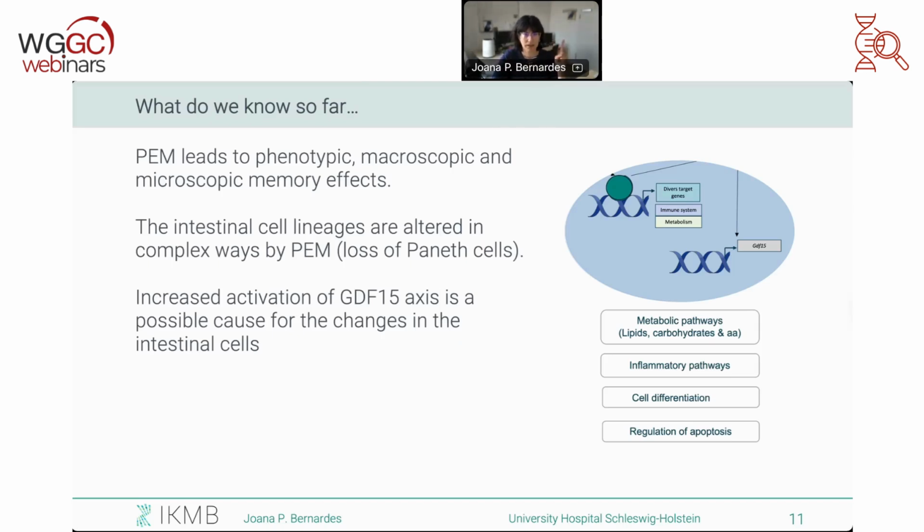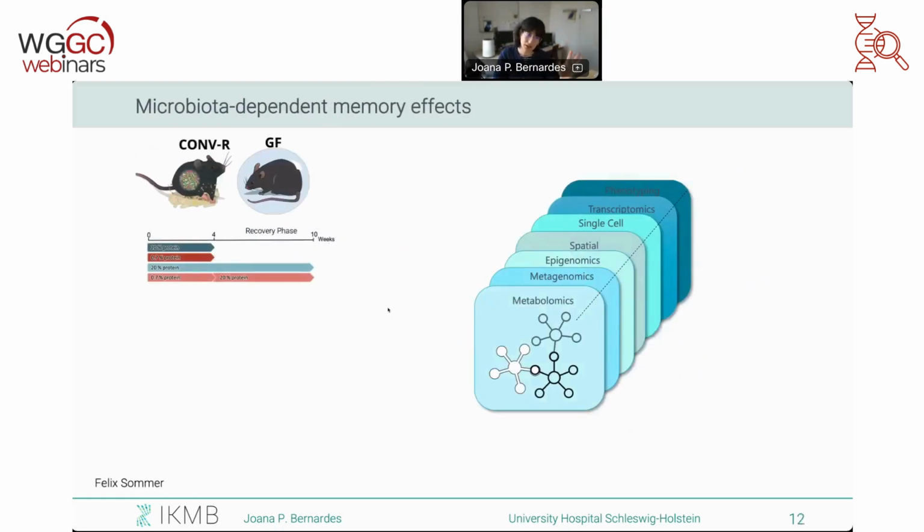So one thing is missing once we are studying the intestine. What about the microbiome? What I didn't tell you in the beginning is that we were interested in the microbiome from the beginning. We not only did experiments with conventionally raised mice, but we also used germ-free mice, with very similar approaches as before.